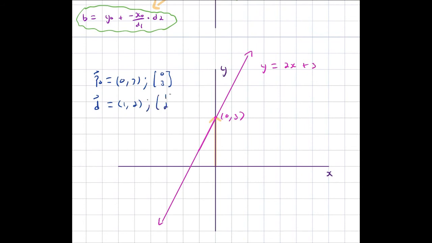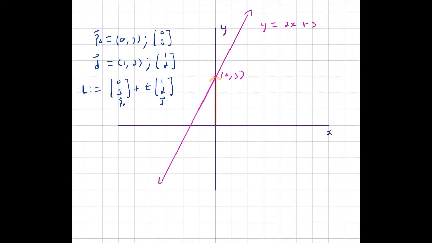The line in vector form, or the vector equation of the line, is going to be (0, 3), the position vector, plus t times (1, 2), the direction vector. That's P0, that's D. Or again, if we really are attached to that horizontal orientation, although I think the sooner you get away from that, the better, because they stop using that in university.